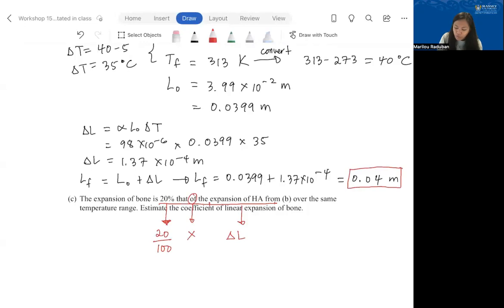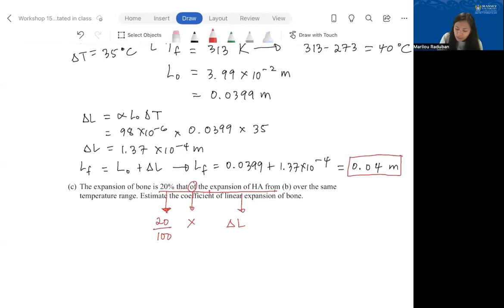Okay. So the expansion of the bone, that means the delta L of the bone. When you say "is", that is equal to.